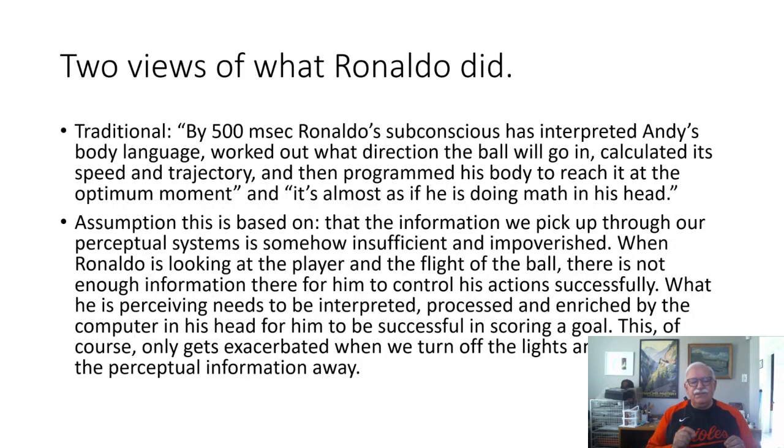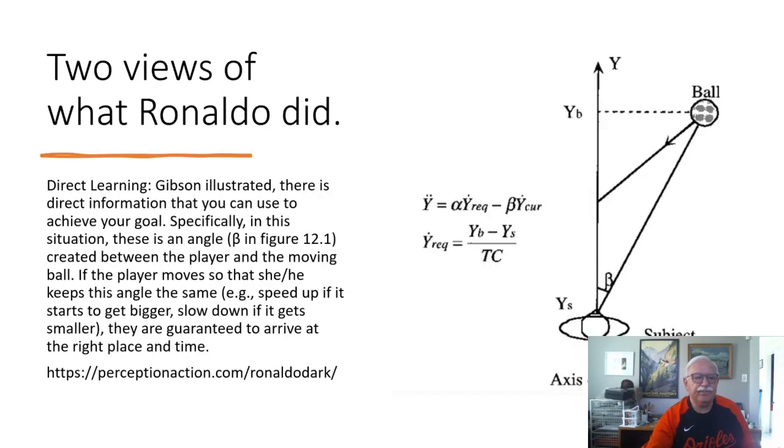But the assumption this is based on is that the information we pick up through our perceptual systems is somehow insufficient and impoverished. We're not getting enough information. But when he's looking at the player and the flight of the ball, there isn't enough information for him to control his actions successfully. What he's perceiving needs to be interpreted, processed, enriched by the computer. This is the traditional view, okay?